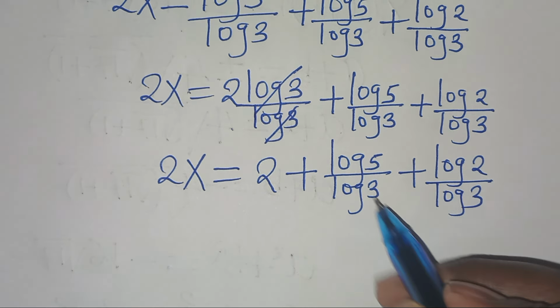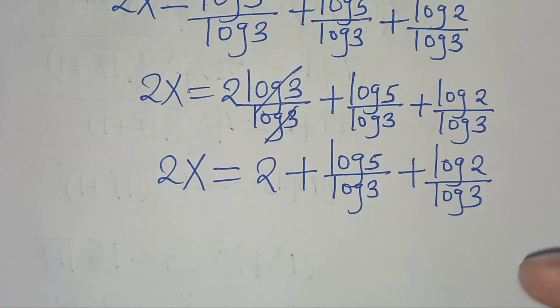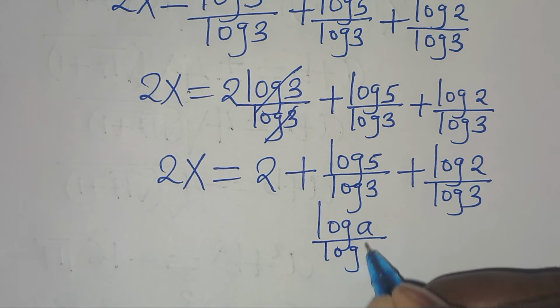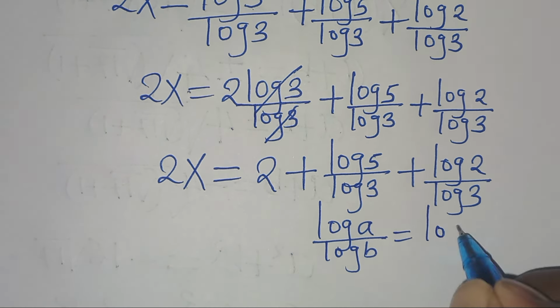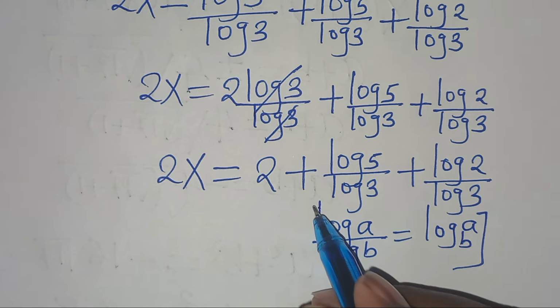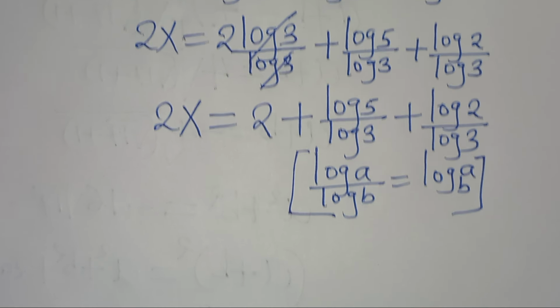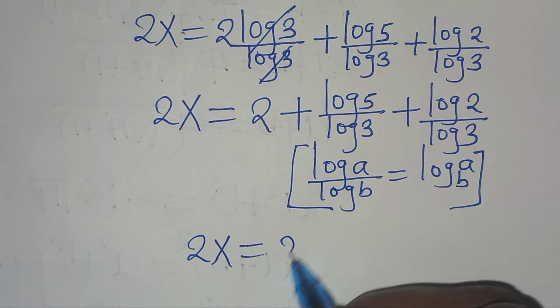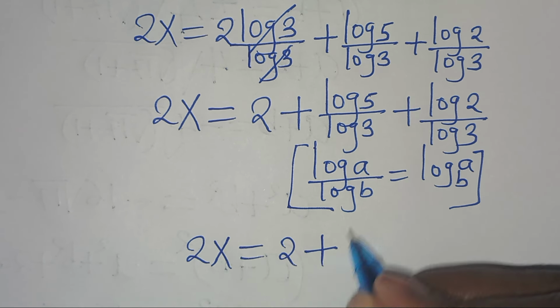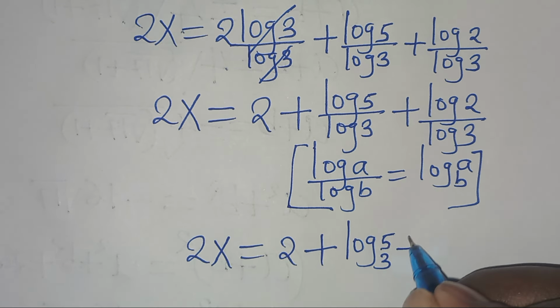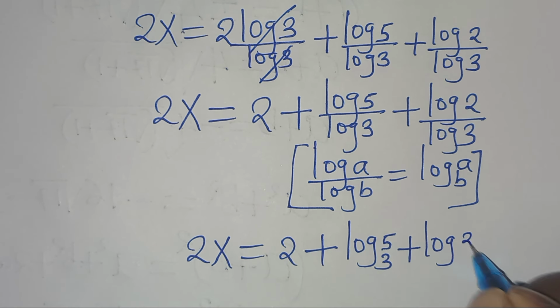So the next step is that we can express log 5 over log 3. This is in the form of log a over log b, which we can express as log a to base b. So let's apply this property, so that now this is 2x. This is equal to 2 plus log 5 to base 3, then plus log 2 to base 3.